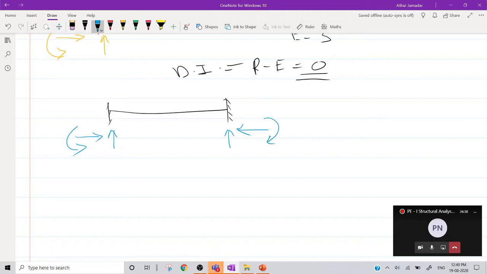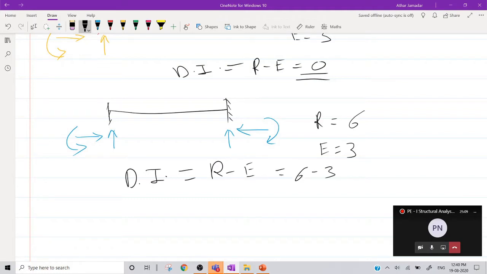Okay, so now R is equal to 6, but our equilibrium equations are not going to increase, those remain 3 only. So di is given by R minus E, so 6 minus 3, that is 3. So our value of degree of indeterminacy in this case is 3.